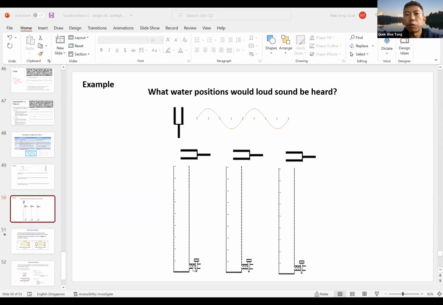Because at the bottom you let water out, so imagine at first the water is filled to the brim, and the water will run out and run out. The water level drops until a certain level, you hear a loud sound. Then as the water falls past that level, the sound becomes soft again. Then reach the next suitable level, you hear a loud sound. Then after that, soft again.